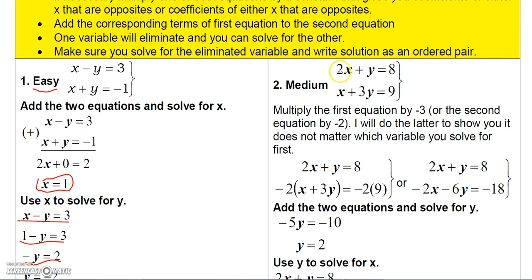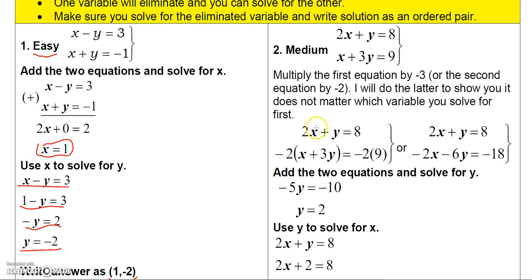I could have also chosen to multiply the first equation by negative 3, because that would have helped me eliminate the y values, since I would have had a negative 3y and a plus 3y. So either one is fine, but obviously you don't have to do both.